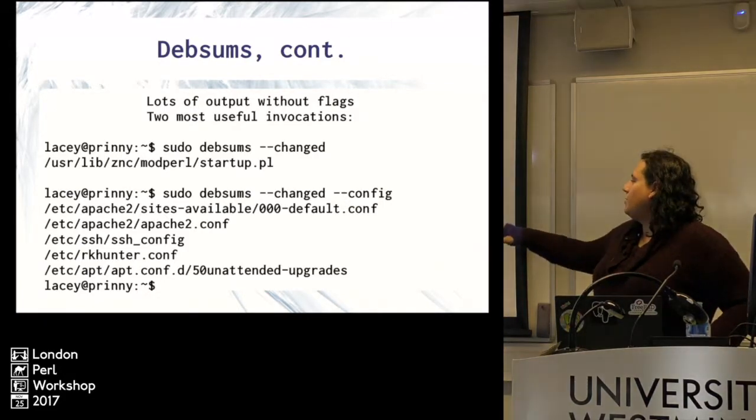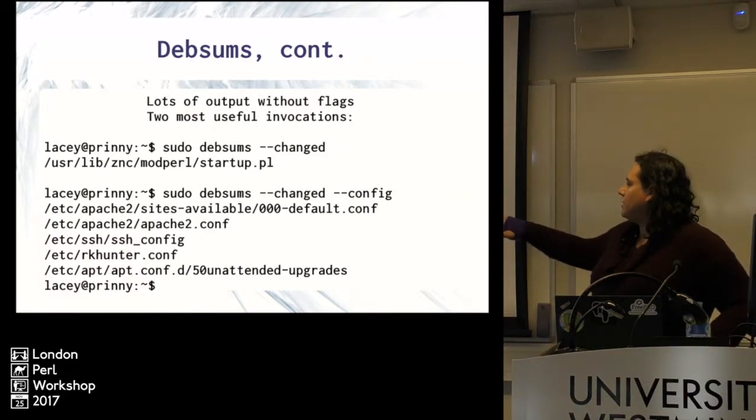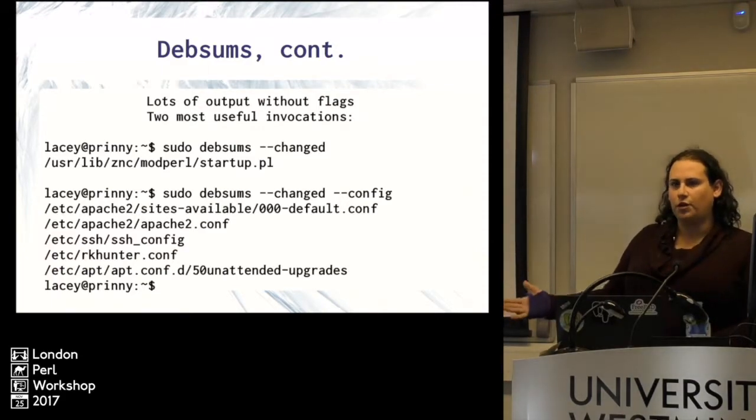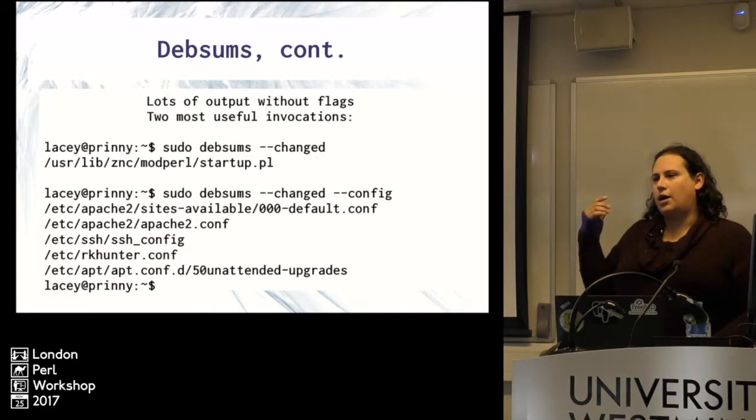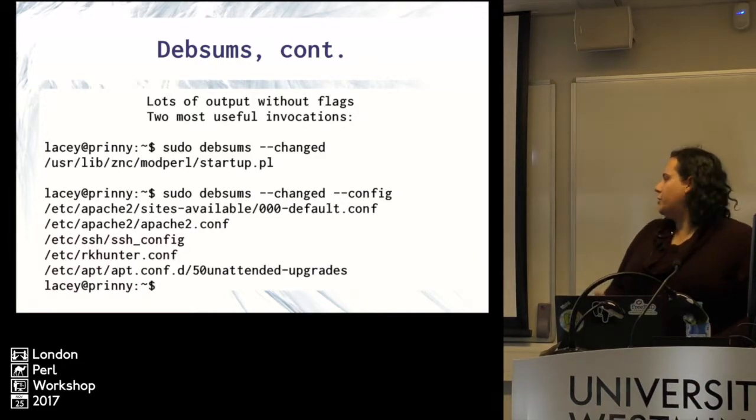But the other really good thing about this is -c for changed, and then you add the config flag, and this tells you all of the configuration files that have been modified from the base provided package.